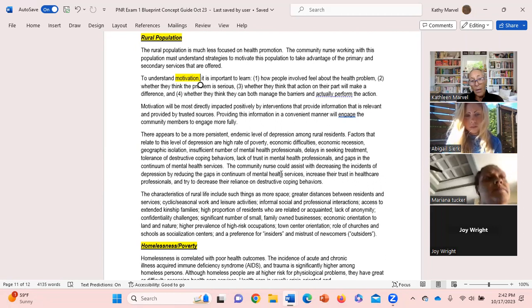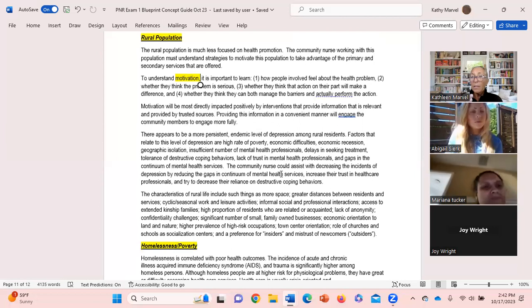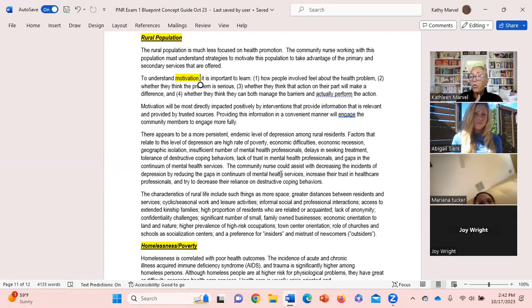Then we talk about the more persistent endemic level of depression among rural residents. Endemic, what does that word mean? It means over time. So chronic depression, right? Epidemic is in the here and the now, the epidemic of COVID. Endemic means over a long period of time.